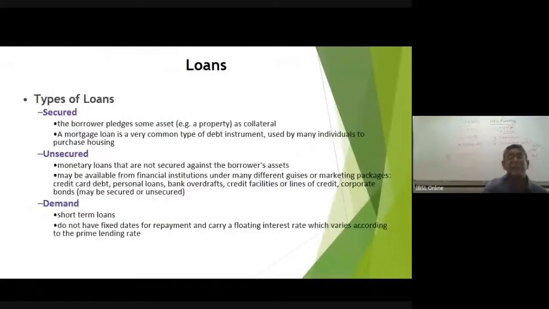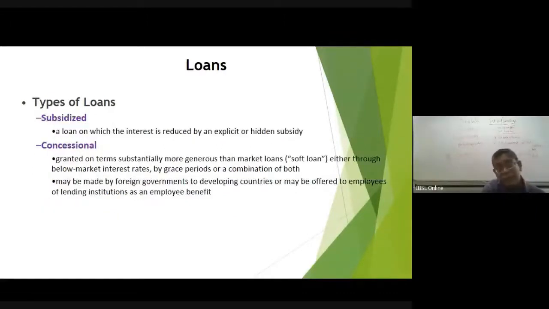So there may be different types of loans. Some loans we give as secured loans. Sometimes we give without security, which we call a clean basis. We won't keep any collateral or guarantee with us, we just give it to you. There are also loans that are subsidized or concessionary, for example refinance loans.